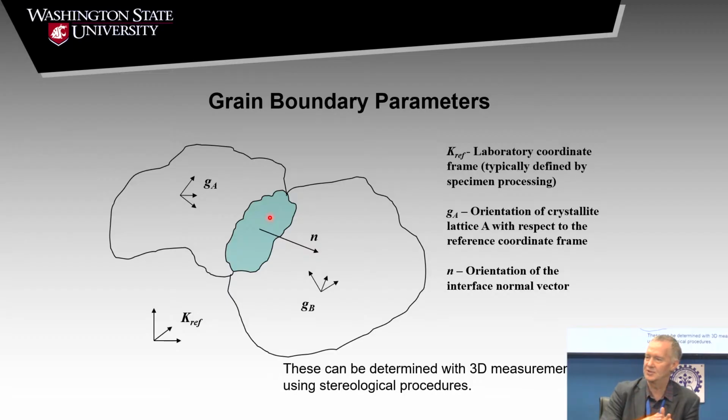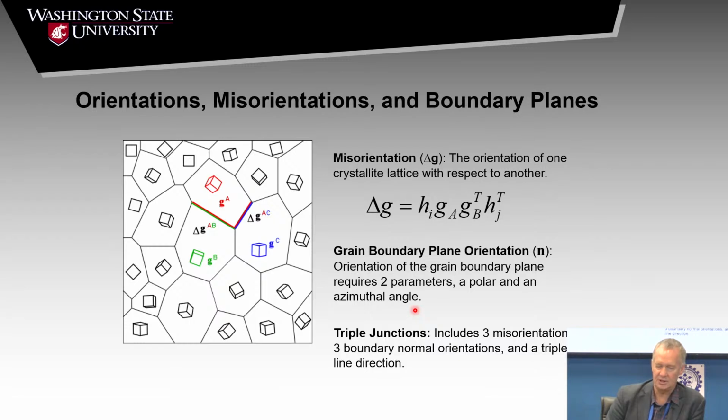They're curved surfaces, but any section of it has some boundary normal that we can quantify. So we'll use those parameters, which in this case is 8 parameters, right? There's an orientation here, an orientation here. They each take 3 parameters, and then 2 parameters for a unit normal orientation. So that's 8 parameters. So these can be described stereologically.